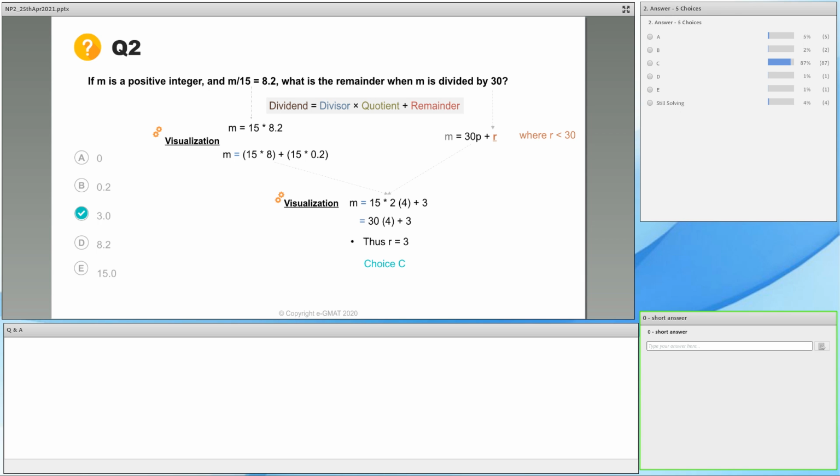And the minute you pulled out a 2 from that 8, you're able to express this equation in terms of this framework. So you got 30 into 4 plus 15 into 0.2 was basically 3. And therefore and again you always have to check 3 is lesser than 30. Fine, we are perfectly fine, no issue. And so 3 is your correct answer.